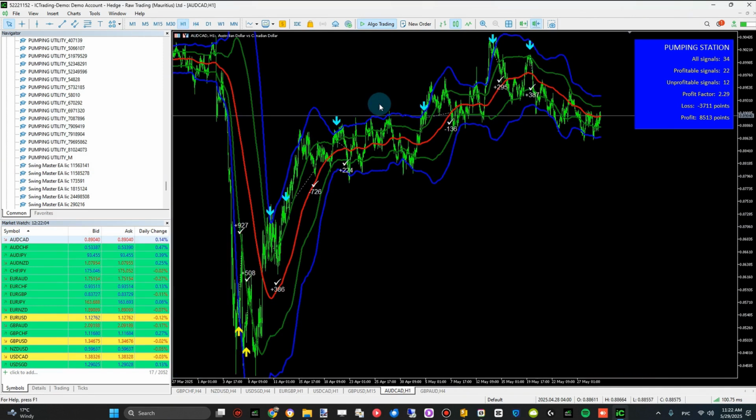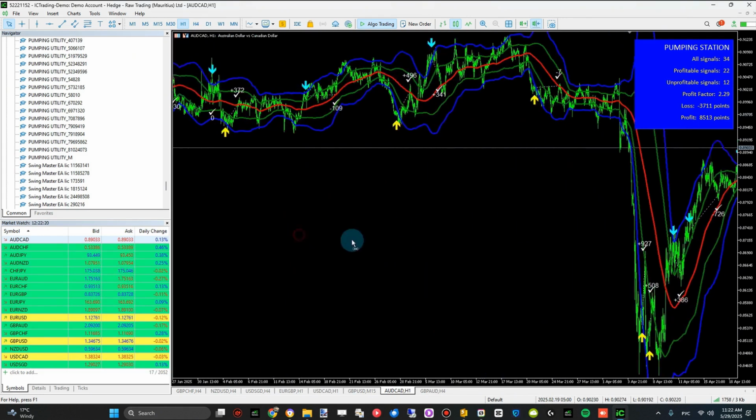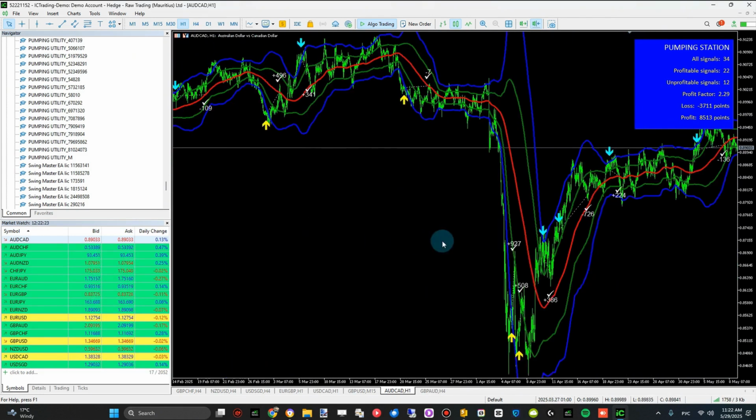When we switch to the H1 time frame, the price waves, these swing reversals, become clearer for this trading system. They are more pronounced, so to speak.